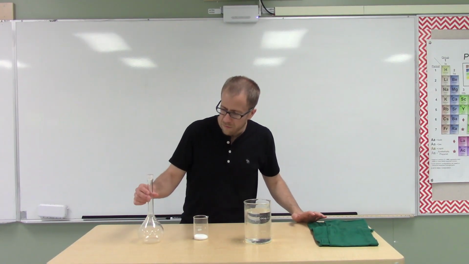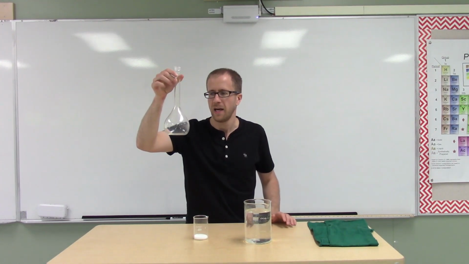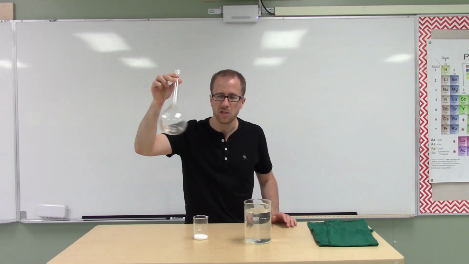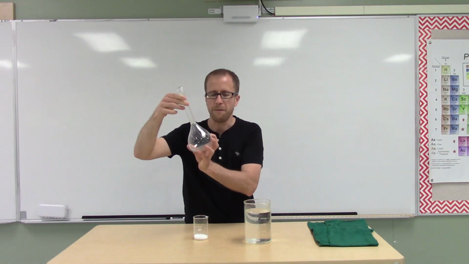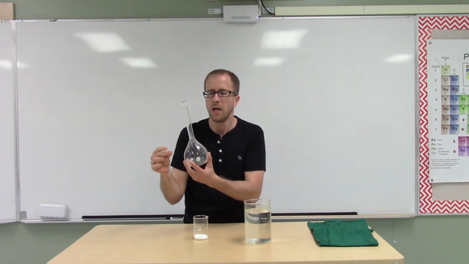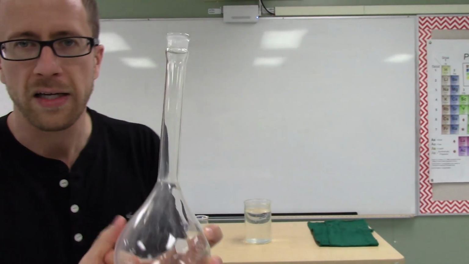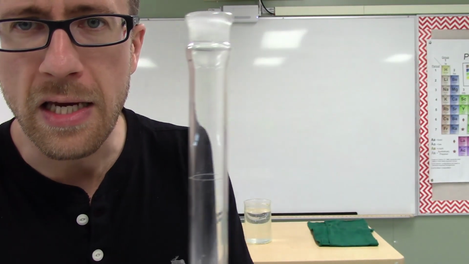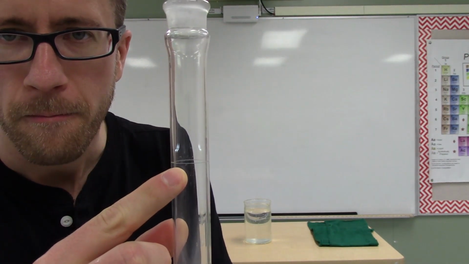Well, one of the things we are going to use is a volumetric flask. These are pretty much exclusively used for making solutions. This is a 500 milliliter volumetric flask, and on this volumetric flask, I'm not sure if you can see it in the video there, is that line.